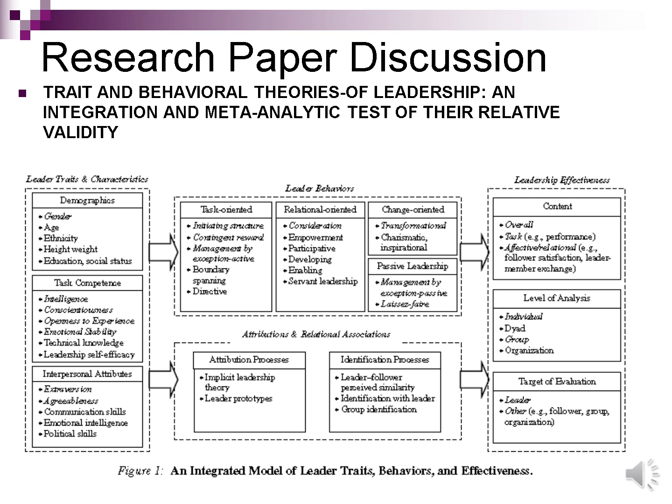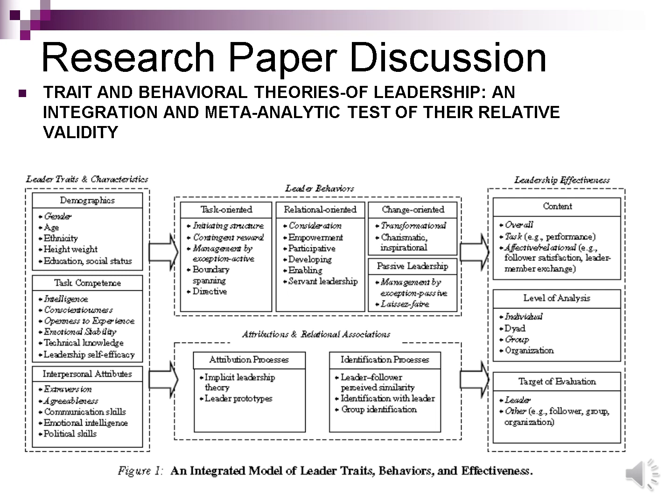This is a research study on creating behavioral theories of leadership. It is a comparison. For example, leader traits are demographics, task competence, and interpersonal attributes, the three very important ones. And then leader behavior has been divided into task-oriented, relation-oriented, and change-oriented.